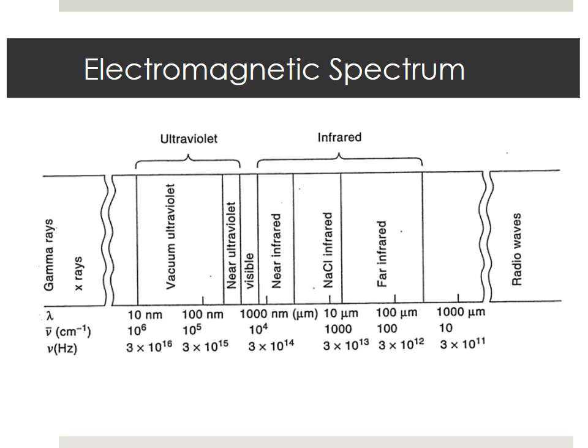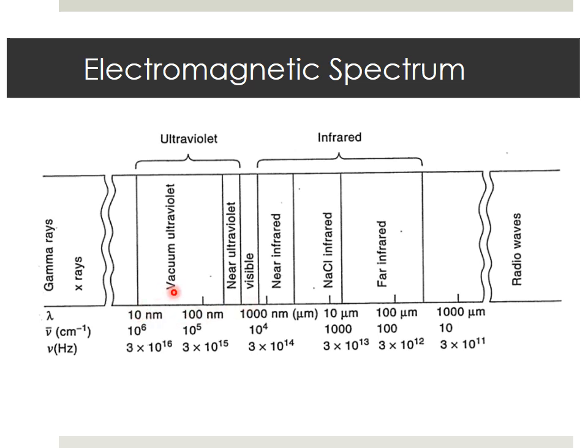For analytical purposes, we are mostly concerned with the next region of the electromagnetic spectrum, that is the ultraviolet and visible region. Ultraviolet is further divided into two regions, that is vacuum ultraviolet and near ultraviolet. We say near ultraviolet because you can see that it is near to the visible region.